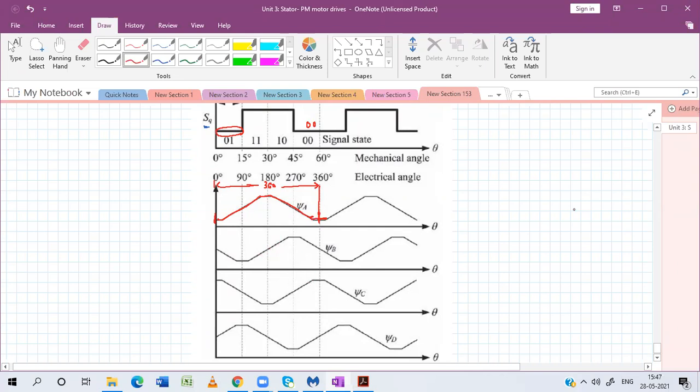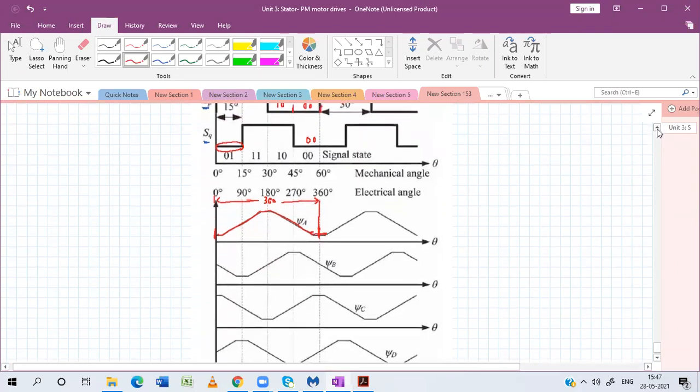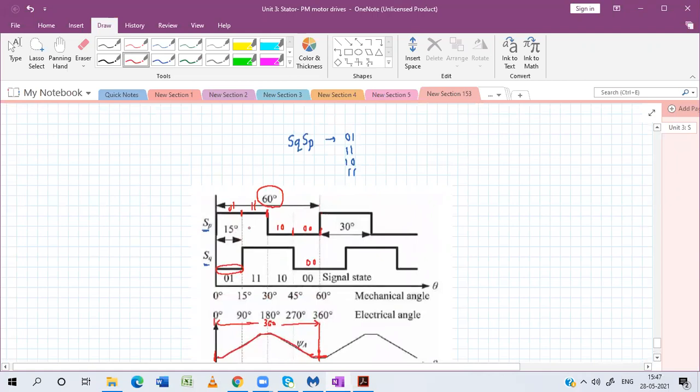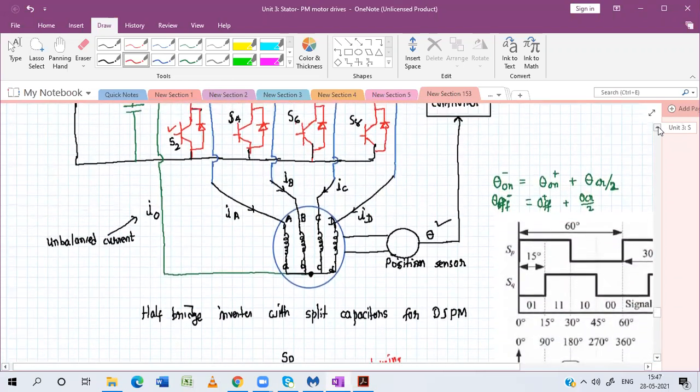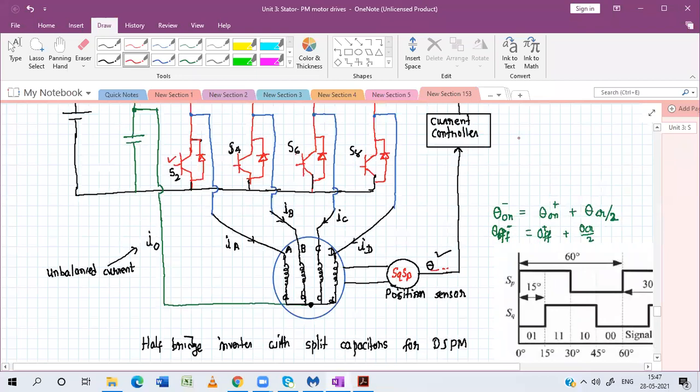Why? Because you are switching your power devices in such a way that the angle, or we can say the SQ and SP, will be changed, and according to that you are giving a signal over here. So the position of the rotor is related to SQ and SP, and according to that the signal may be 0, 1, 1, 1, to the current controller.